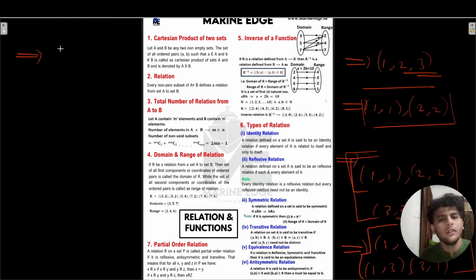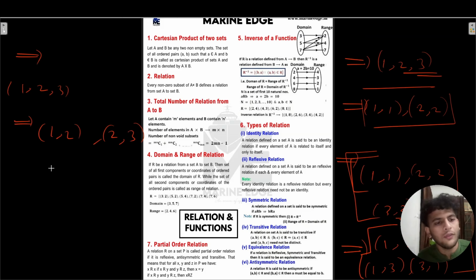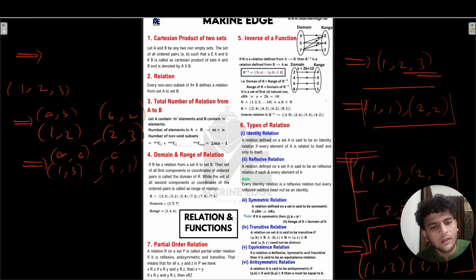Okay. So now for the third topic, we will see transitive relations. If you have 1, 2, 3, you have (1,2), you have (2,3), you have (1,3), you have (3,1). If I were to say that this is relation (a,b), then this is (b,c), and if it is (a,c), then this is (c,a).